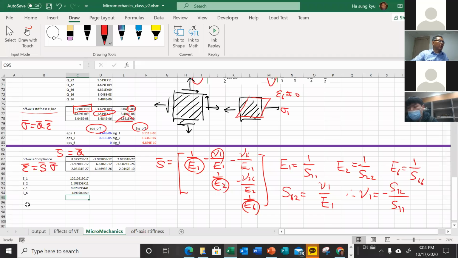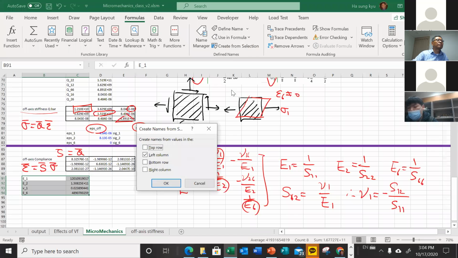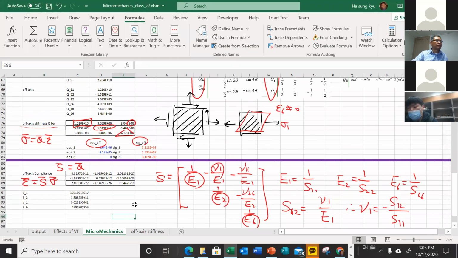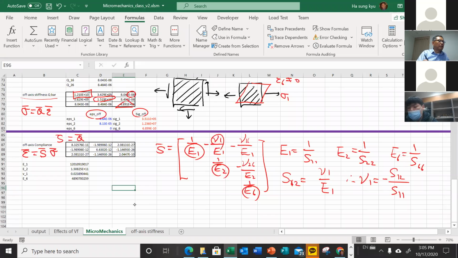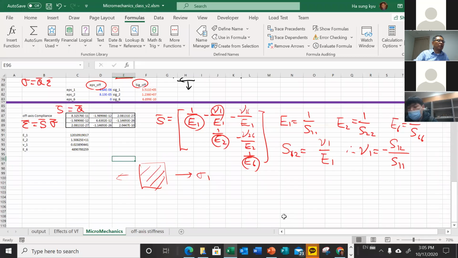Okay, so I will give them a name. The reason, again, I'd like to remind you, is this definition of engineering constant. Let's say we have this x-axis, we apply the sigma 1, and experimentally, what can you measure?